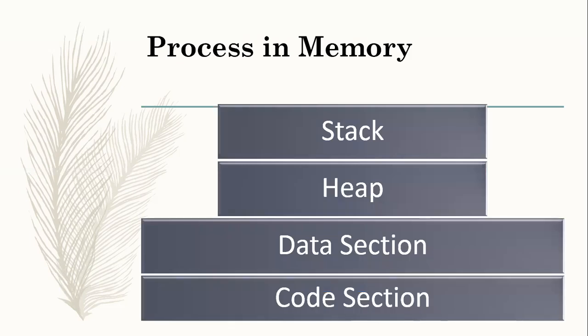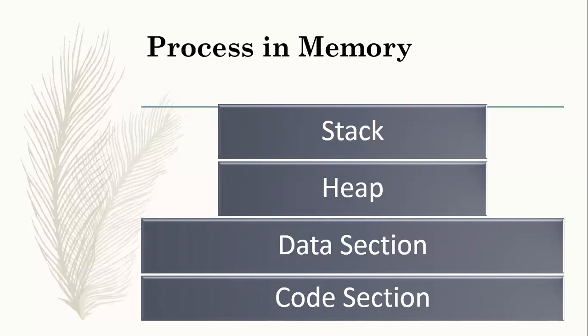Now this is the structure of any process when it gets stored in memory. It has four basic portions. One is the code section, another is the data section, then there is a heap, and there is one stack.